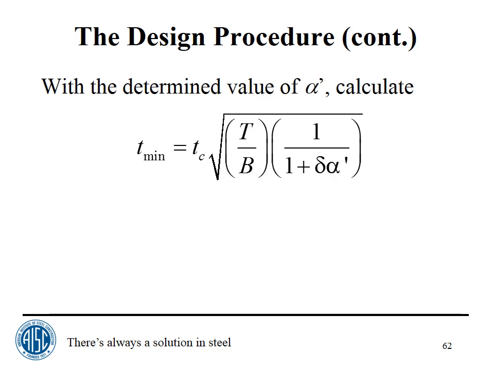Once you get the value of alpha prime, then you can calculate the required thickness, T, given T sub C, which is a parameter of the system, the load per bolt, the required strength over the design strength, over the quantity 1 plus delta alpha prime.